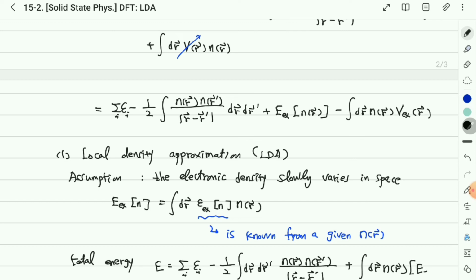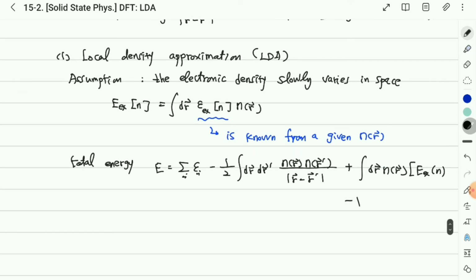Anyway, the exchange energy and the exchange potential are different, because potential is potential, but the energy contains both the potential and kinetic energy. Therefore the energy and potential are different.